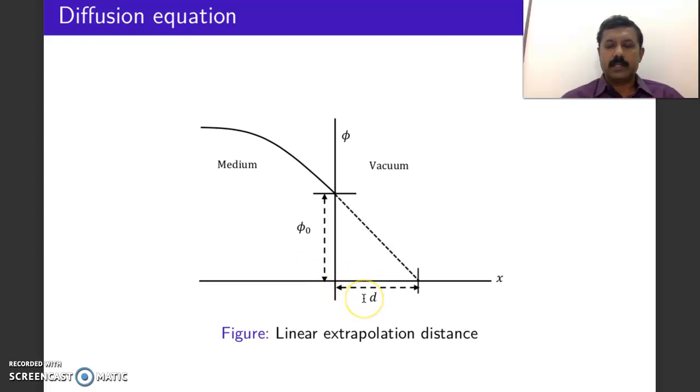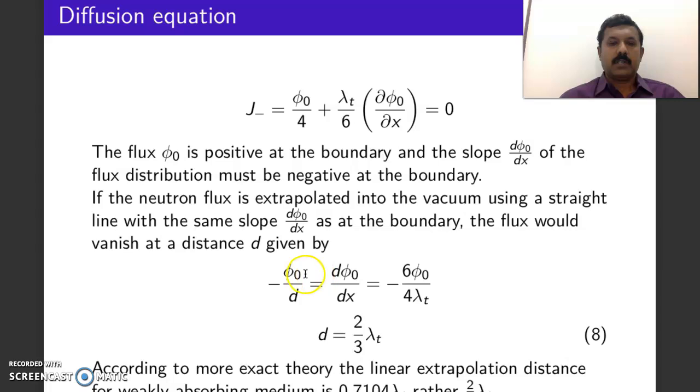So phi naught by d, and it is negative. Minus phi naught by d is equal to the slope, dou phi by dou x. And from this equation, dou phi by dou x will be equal to 6 phi naught by 4 lambda t. If you cross multiply, you will get d is equal to 2 by 3 times lambda t.